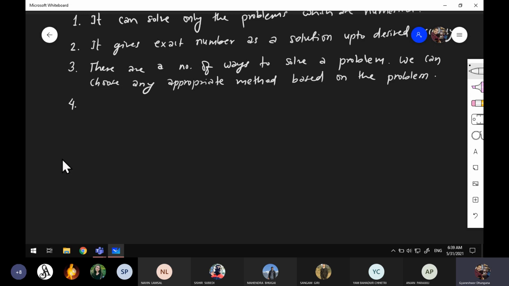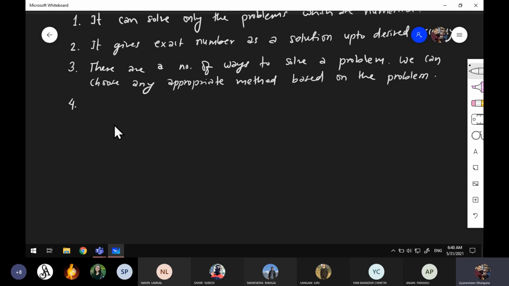For different problems, different methods may be suitable. And depending upon the desired level of accuracy, how accurate a result we need, we can also select a particular method to solve the given problem.